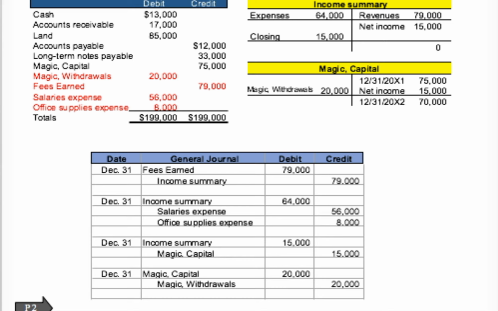Okay, so the next step in the closing process is to close the income summary to Magic Capital account by debiting income summary and crediting Magic Capital. So that's what you see right here. In this case, the amount was $15,000.